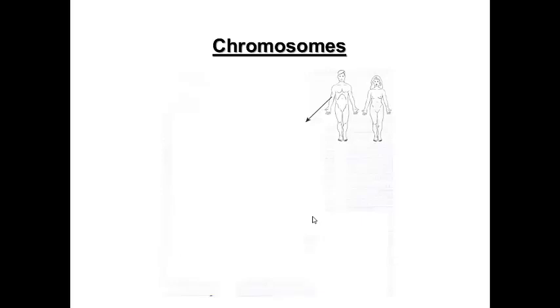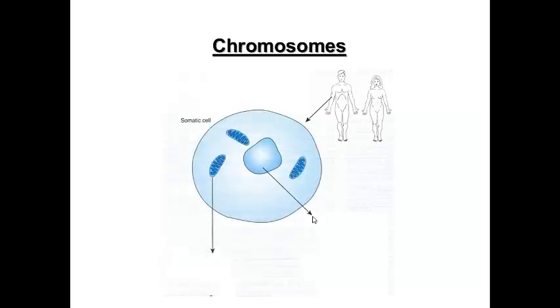Here we have our little male and female, and we're going to blow up just one somatic cell out of their 100 trillion somatic cells. Right here you'll recognize this is our nucleus, and then this is a mitochondria.